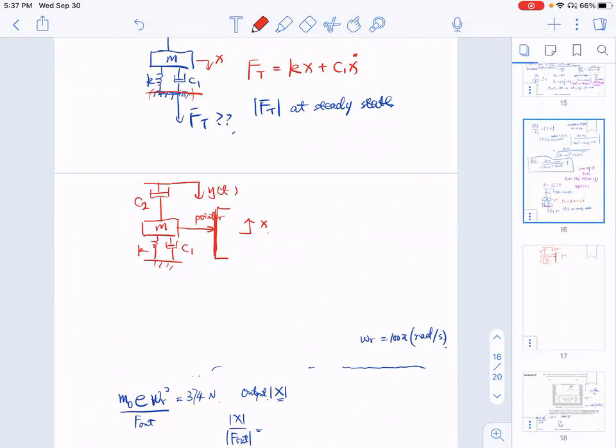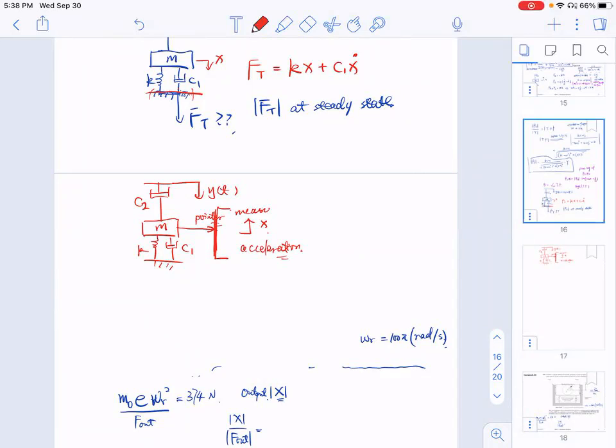And I can also tell you that if there is a measurement system, instead of measuring the position of your pointer, it measures the acceleration of your pointer, what's the steady state response of the acceleration? In that case, your output will be x double dot.